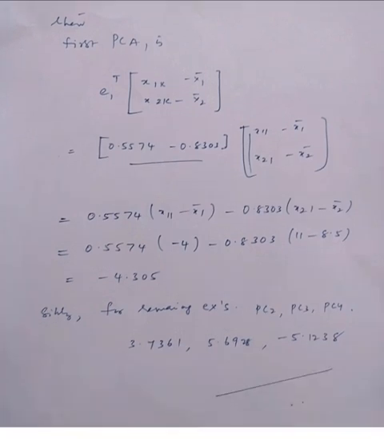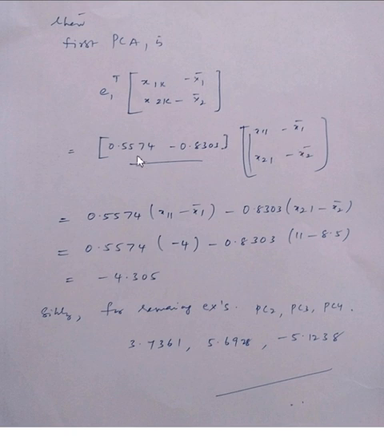Based on this, first of all we need to calculate the first principal component. So here we are taking e1. There are two values in the matrix, so we'll take the first one, e1 transpose into this, which is the formula.